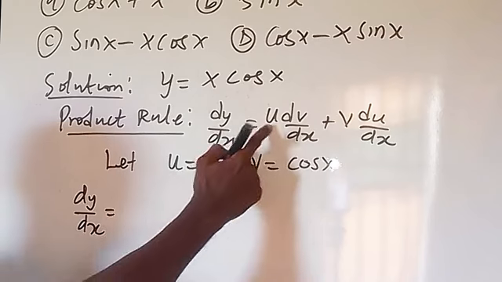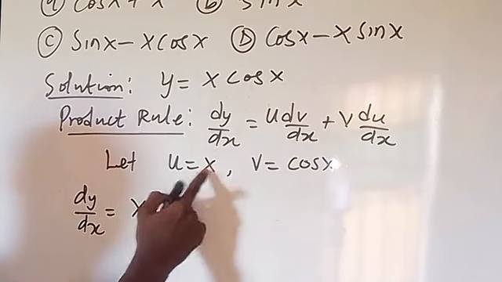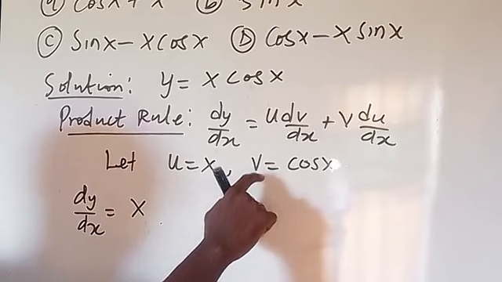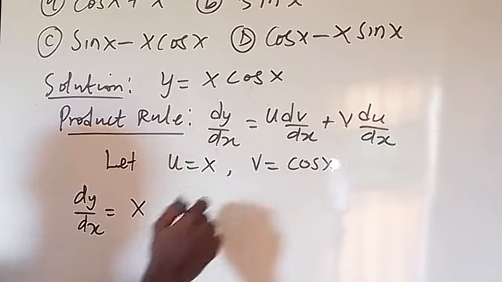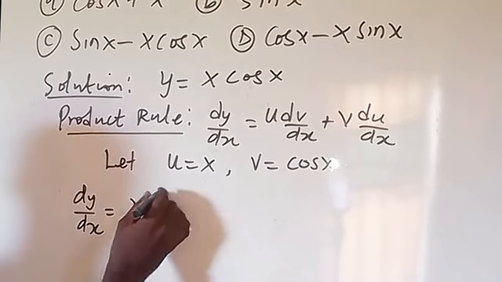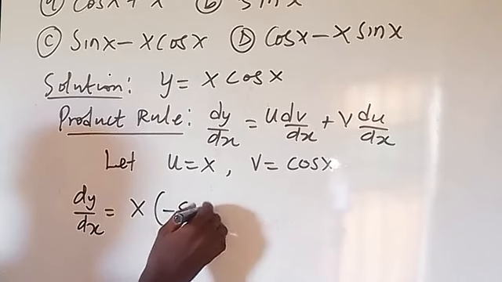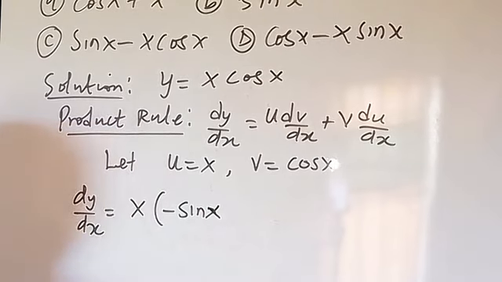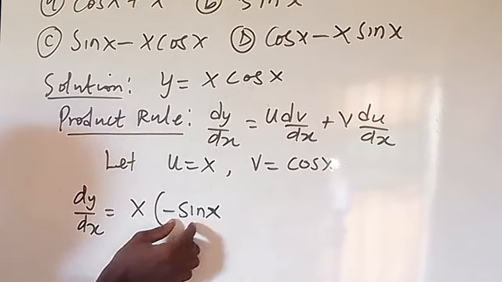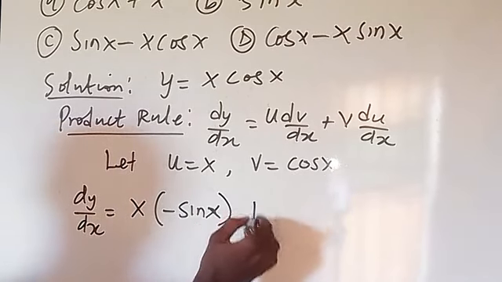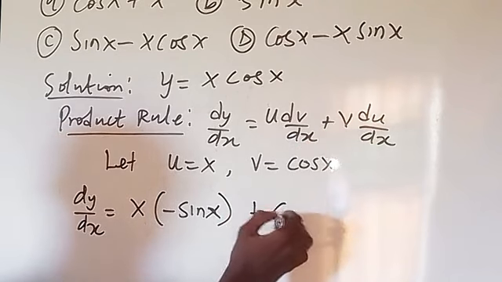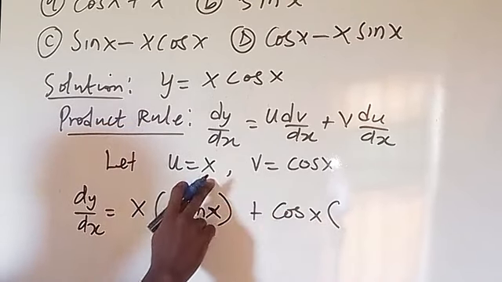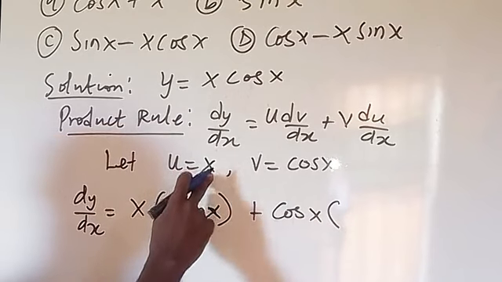Using this formula, my u is x, I will keep x, then dv/dx, I'm going to differentiate v with respect to x, and that's going to be multiplied by minus sin x. Because when you differentiate cos x it gives us minus sin x. Then plus, you keep v this time around, which is cos x, then multiply by du/dx. If you differentiate u with respect to x, we're going to have 1.